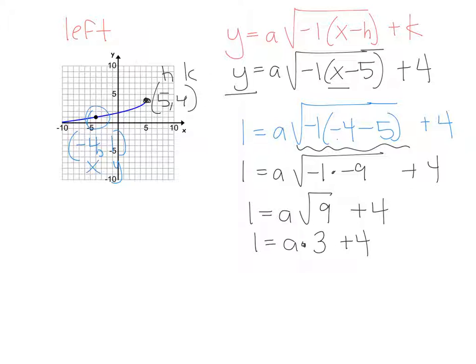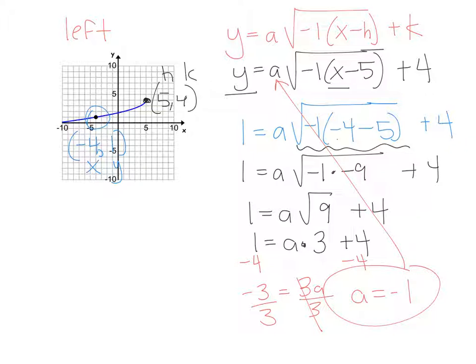If you get an imaginary number, it's a hint that you forgot your negative 1 to make your graph go left. So we just need to subtract 4, which gives us negative 3 equals 3a. And if we divide by 3, we discover that a is negative 1. So if we plug that in right there, we'll have our equation.